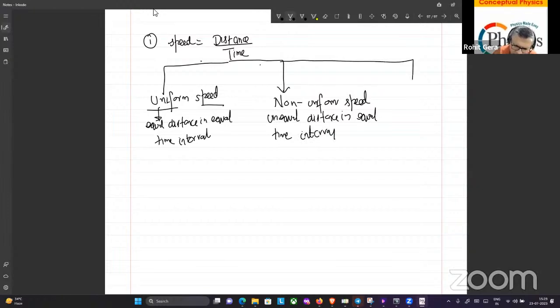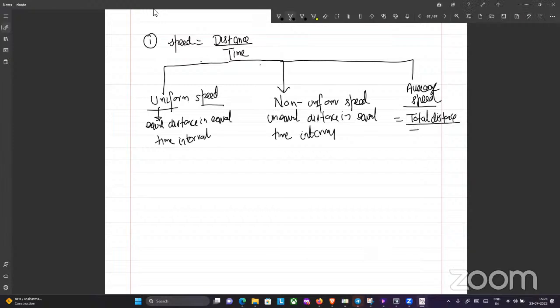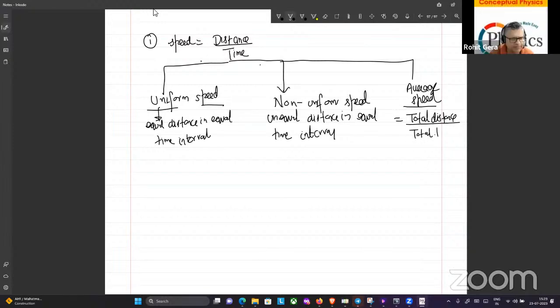Let's talk about the third, which is the average speed. How do you go about the average speed? You calculate the total distance in your journey and divide it by the total time. The one which you need to really understand is the average speed. Let me explain what happens in the case of average speed. So I'm just talking about average speed now.